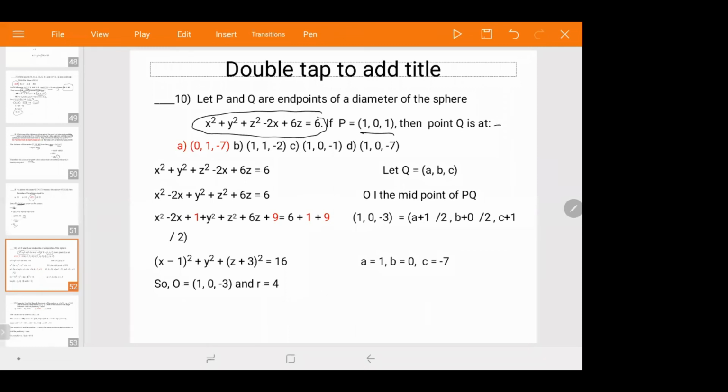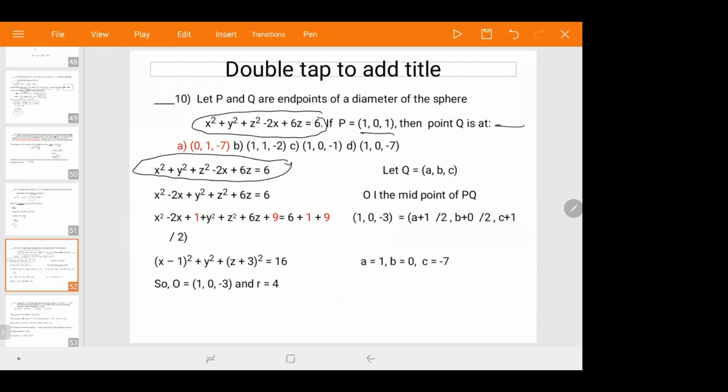What are the ordered triples corresponding to point Q? Now, from this equation of the sphere, we can find the radius and the center of the sphere using what? Completing the square method.